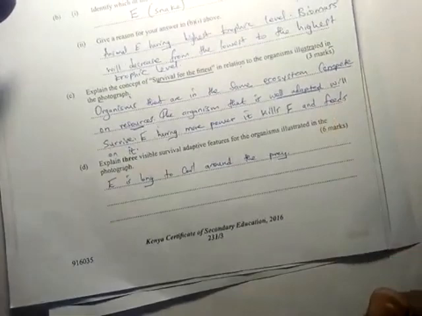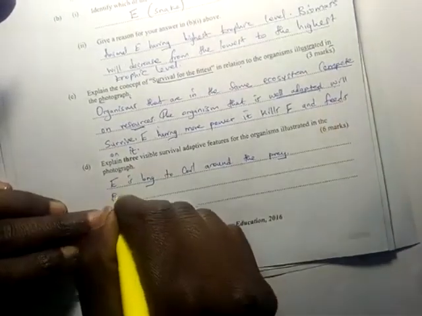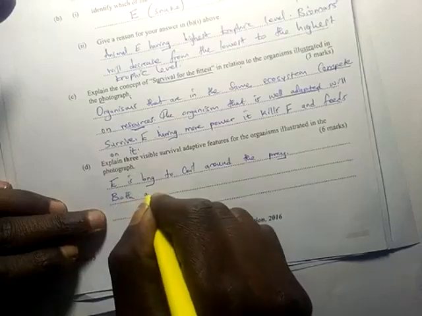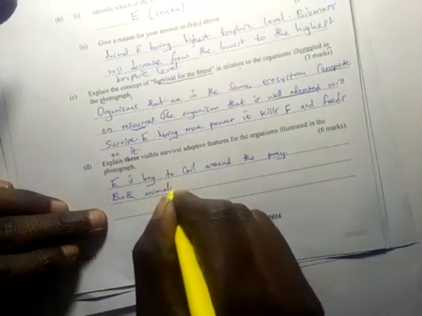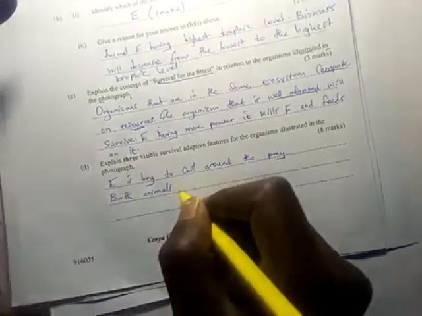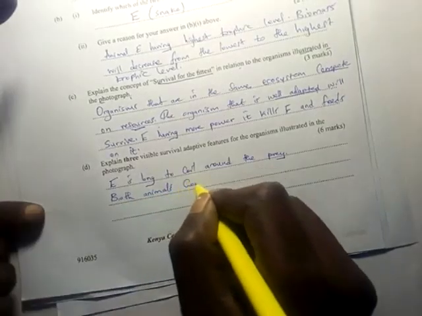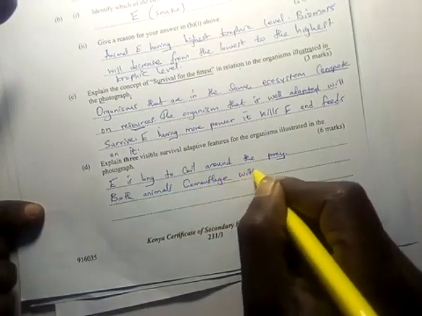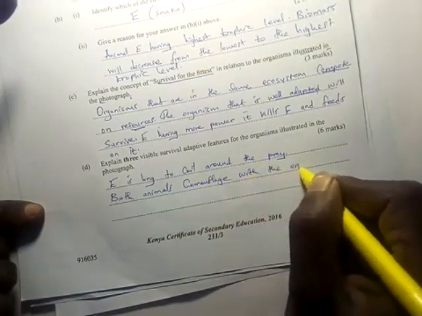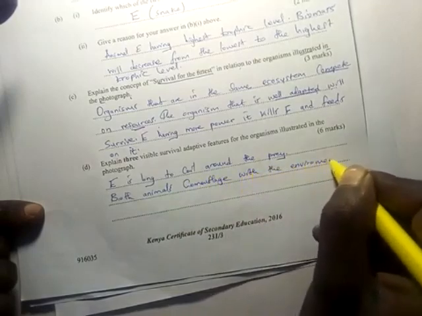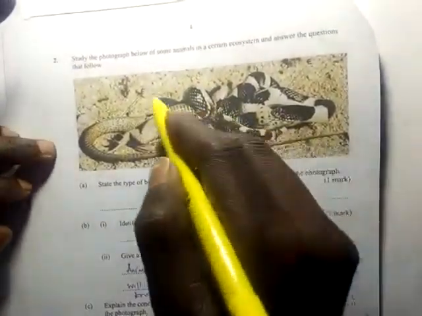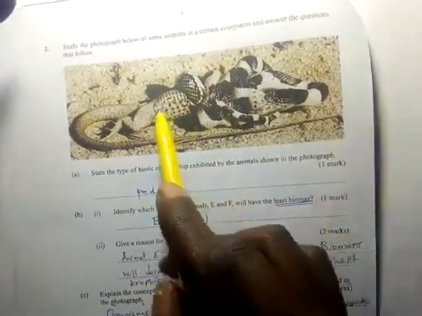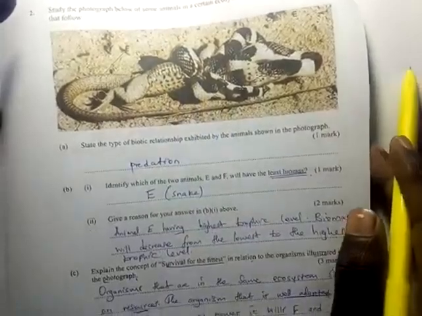And then you say both E and F, both animals, camouflage with the environment. You can see they camouflage with the environment. The environment here is brown, and the color of both of them is brown.